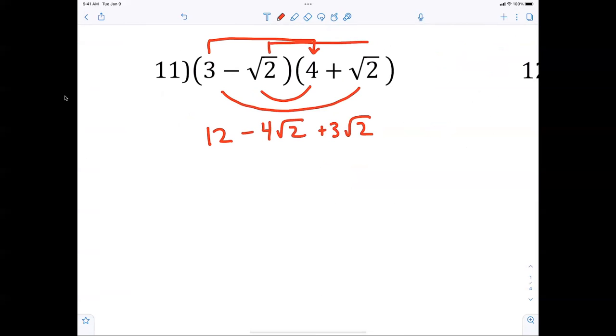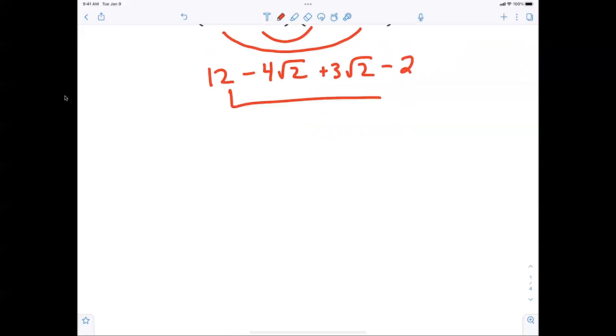And then square root of 2 times square root of 2 is minus what? -2. Radical 2 times radical 2 is 2. Everybody good with that? And now we're just combining terms. 12 minus 2 is what? Come on. 10.